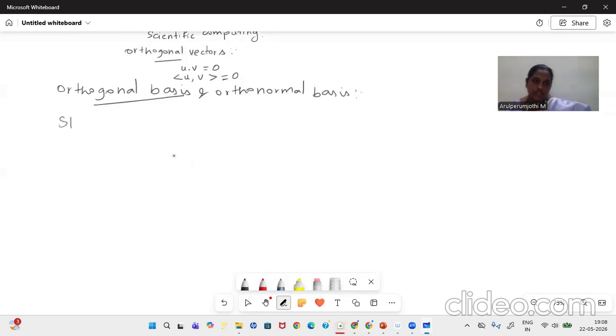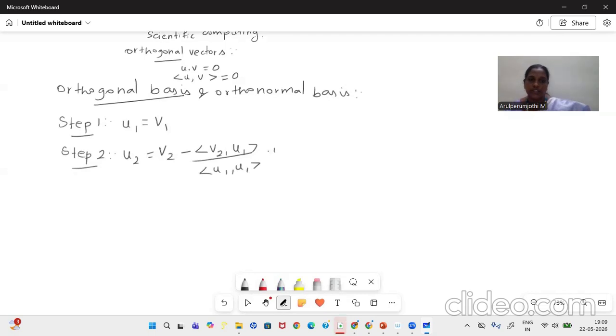To find the orthogonal basis, there are three steps. The first step is U1 is equal to V1. That is actually the first orthogonal vector. To find the second one, U2, the formula is V2 minus the inner product of V2 comma U1, the whole divided by the inner product of U1 comma U1, into U1. This is the next formula to find U2.